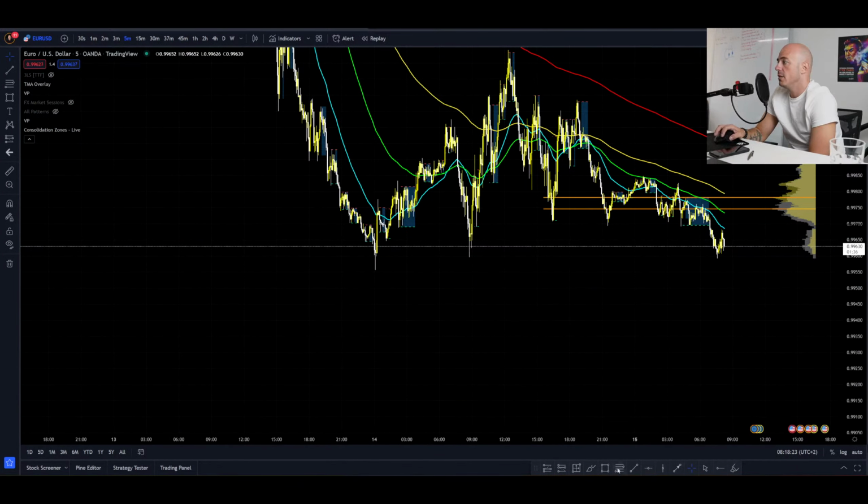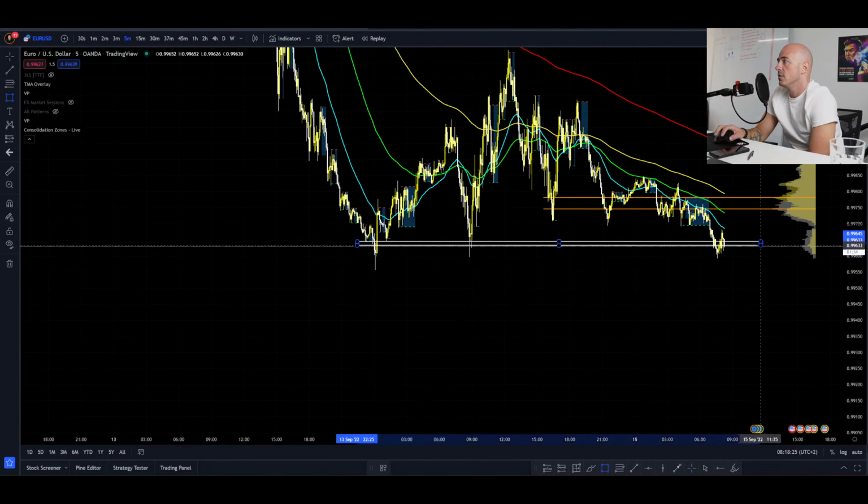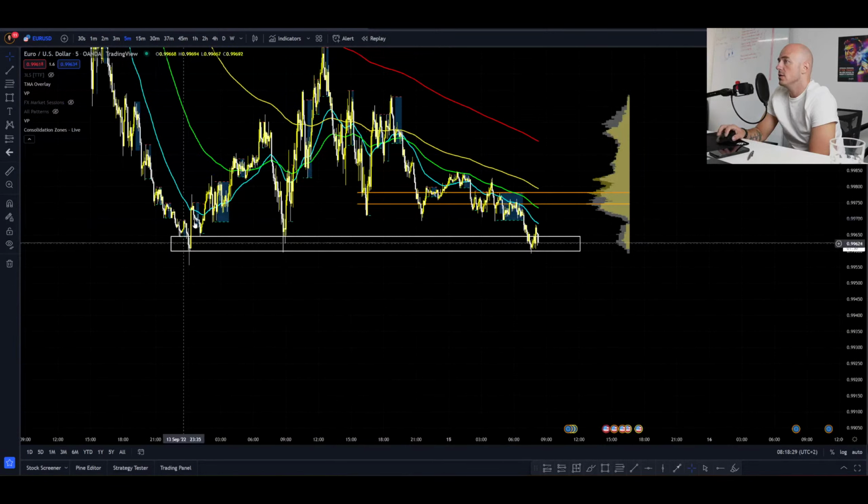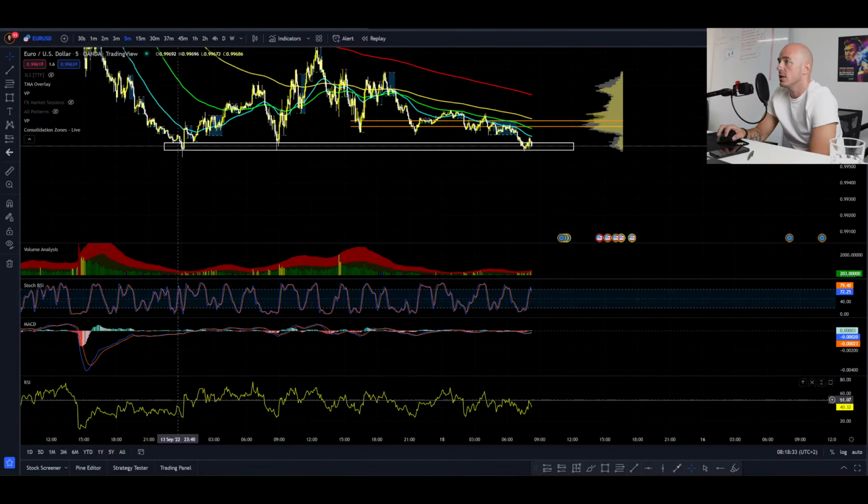Keep in mind, always look left. This is a bottom, double bottom, triple bottom. Then you check the RSI.